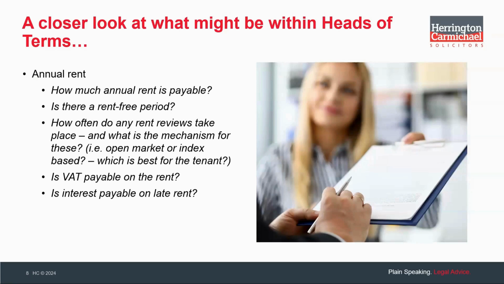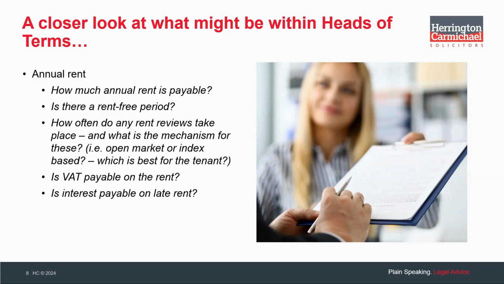Another point to note is that you may or may not have to pay VAT on the lease rents. So the figure that's stated in the heads of terms will be usually exclusive of VAT. So you need to know, if you're a tenant, whether your landlord has opted the property for VAT or not, and therefore whether you will have to pay VAT on top of that amount on the lease rents.